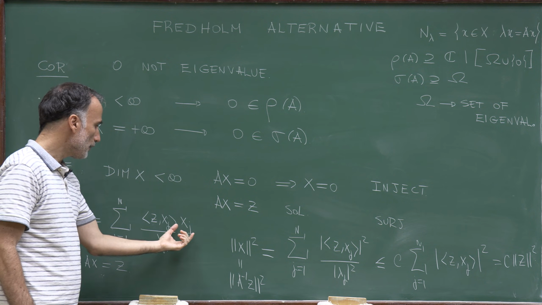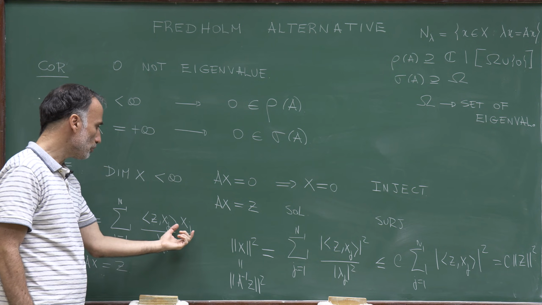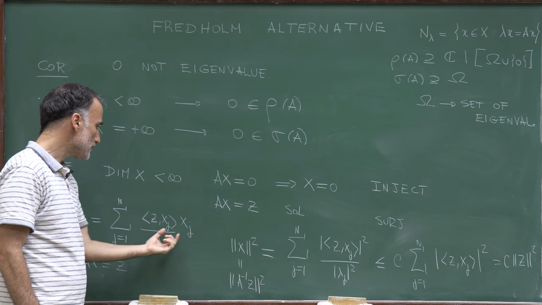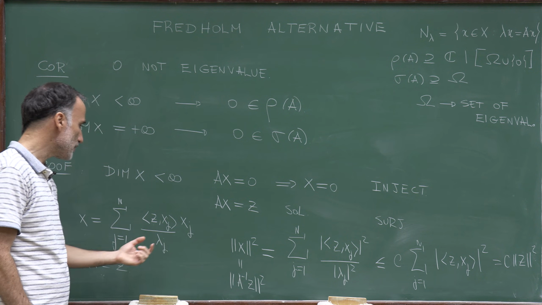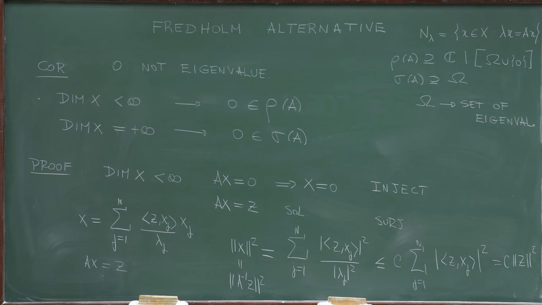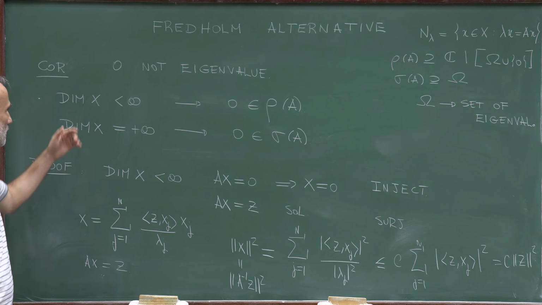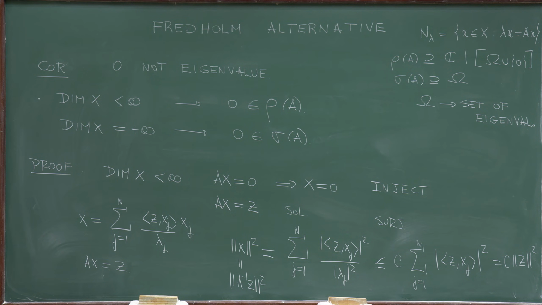So I can form an orthonormal basis with eigenfunctions associated to eigenvalues which are non-zero, and I have just a finite number of them because I'm in finite dimension.